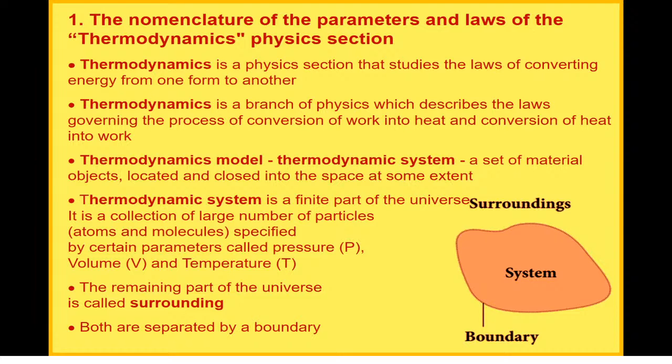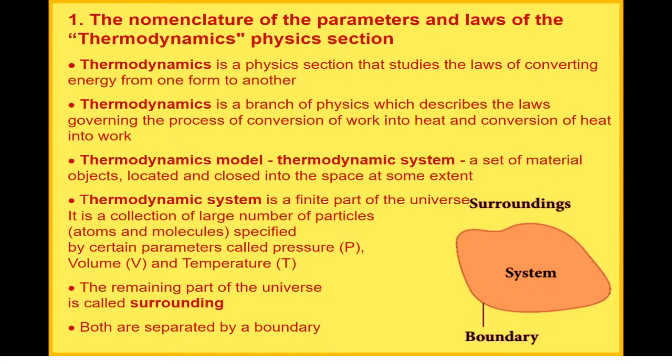For example, the simplest case of a gas that is closed somewhere, for example in the room where you are now, where I am now, may be characterized as a thermodynamic system by the parameters pressure, volume, and temperature. That's all. And by listing these parameters, we determine the thermodynamic system state.